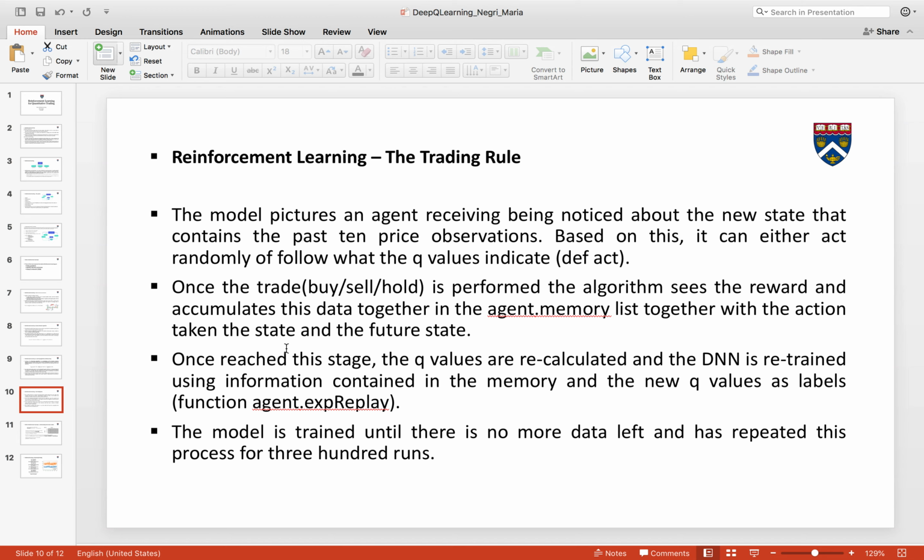Once a trade, that is buy, sell, or hold, is performed, the algorithm sees the reward and then accumulates this data together in the agent memory list, together with the action taken, the state, and the future state.